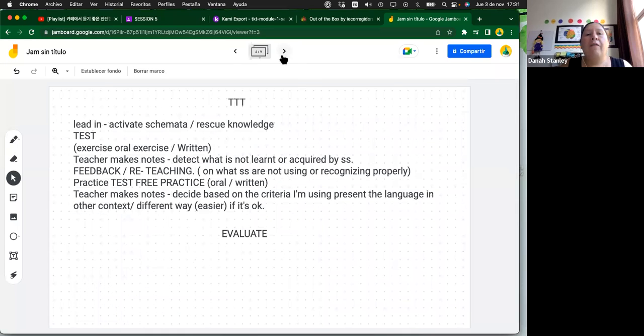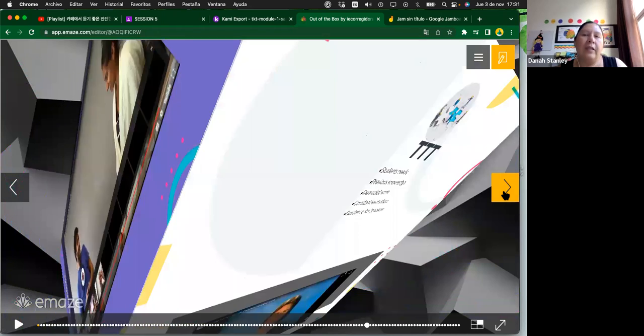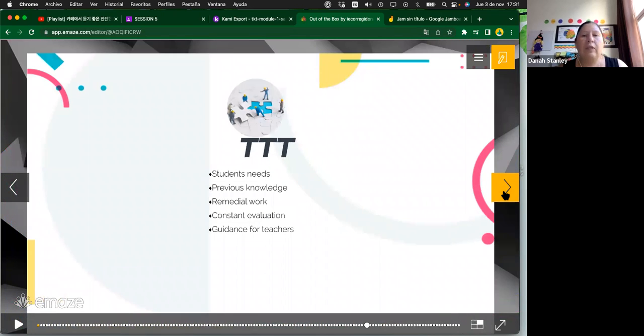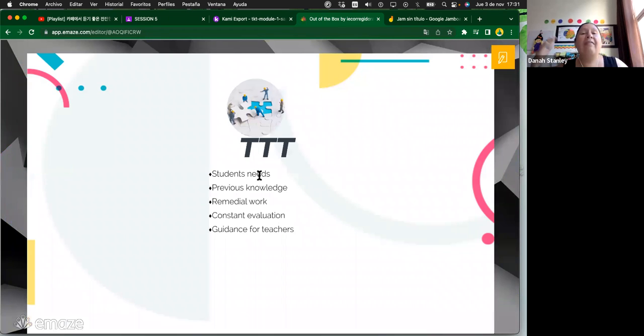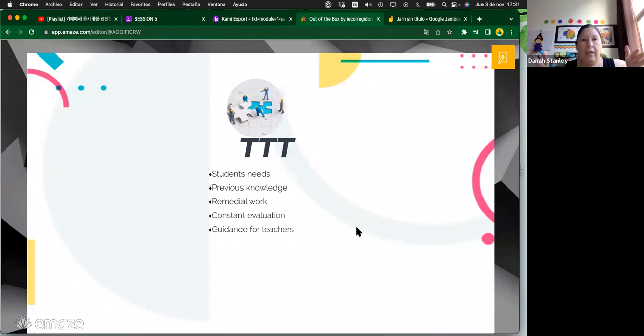Yes? The following is TTT. This is one of my favorites. And normally we do it in the class, but maybe we don't realize. We are not very conscious. So in here, the TTT means test, teach, test. In here, we are tackling directly the students' needs.